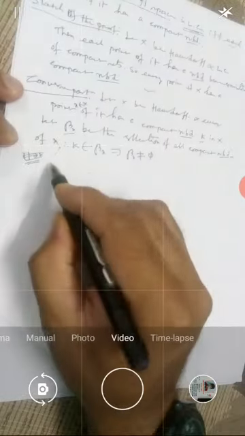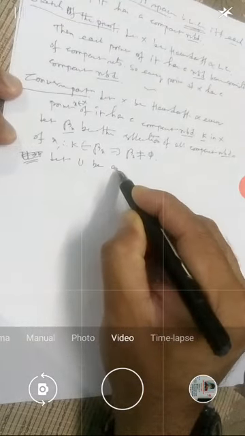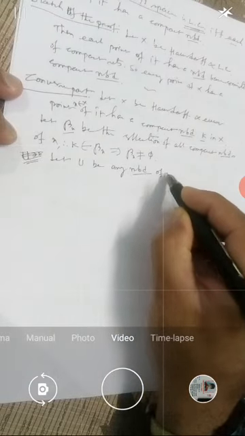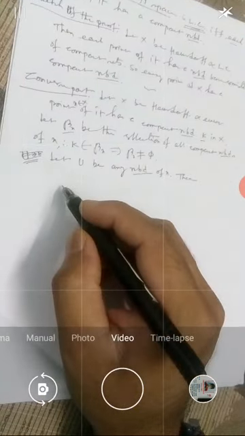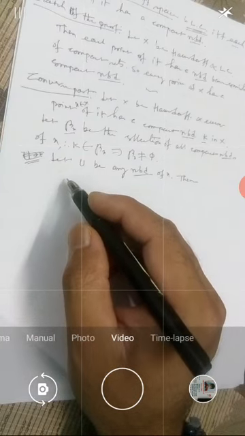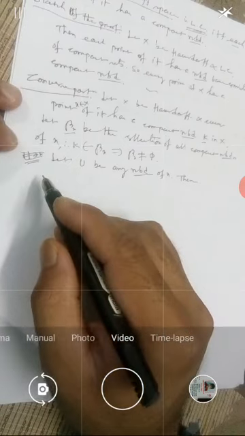So let U be any neighborhood of x. Then we know that finite intersection of neighborhoods is also a neighborhood of the same point.